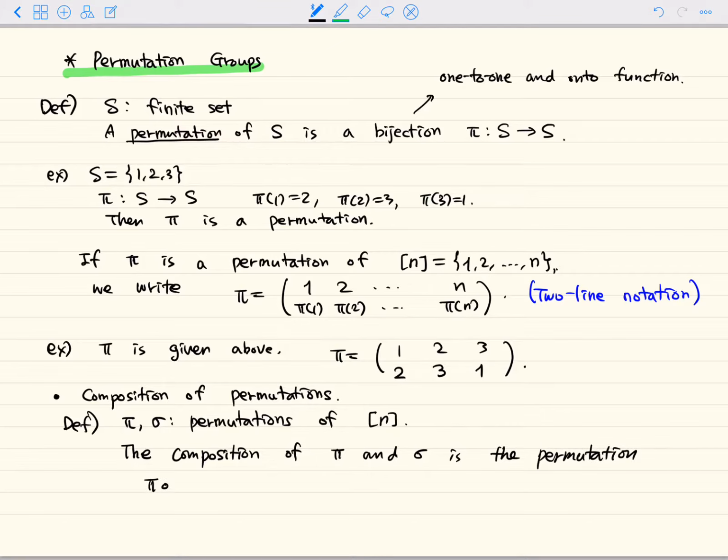Let's denote it pi circle sigma. It's actually a function, but it's easy to see that it becomes a permutation defined by the usual composition of functions: (pi circle sigma)(i) is equal to pi(sigma(i)). So this is the definition of a composition, the usual composition as a function.